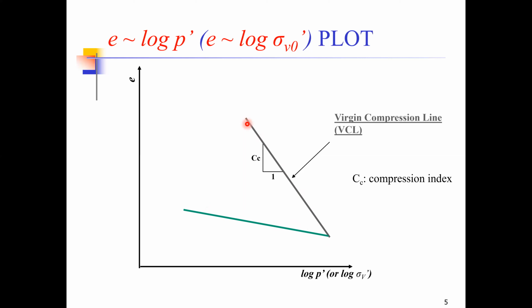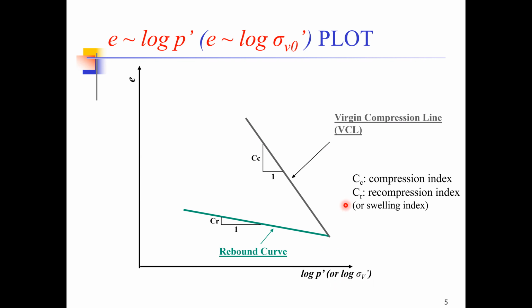But this is not the case. This is why this green line lies somewhere over here. This line is known as the rebound curve, and the slope of this line is called the recompression index or the swelling index.